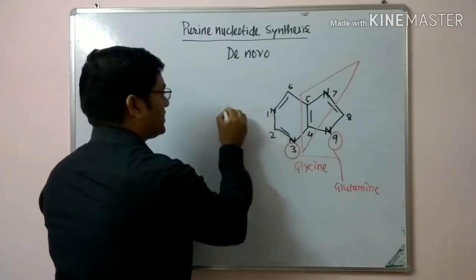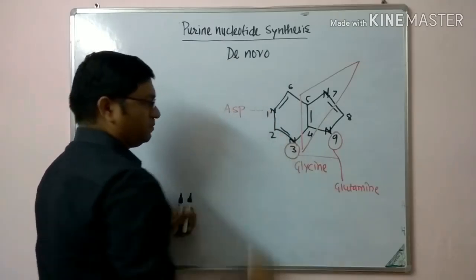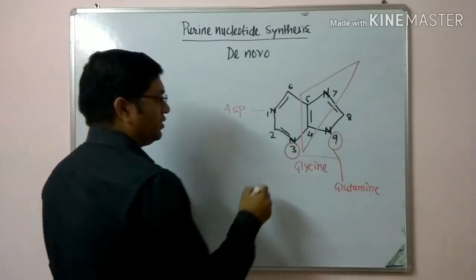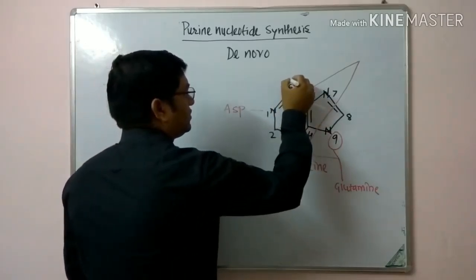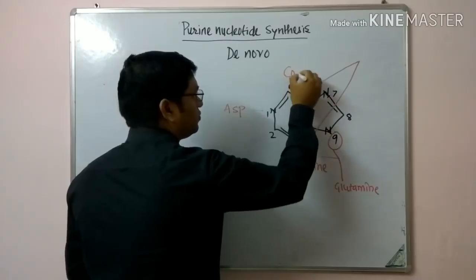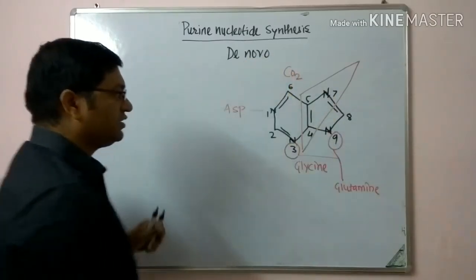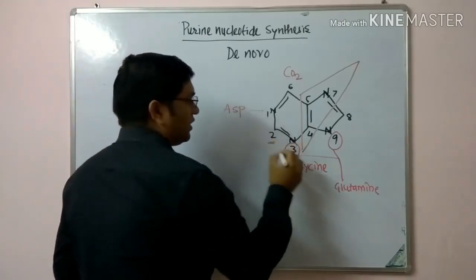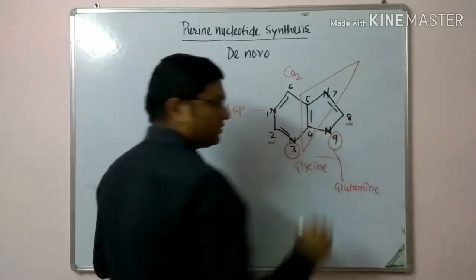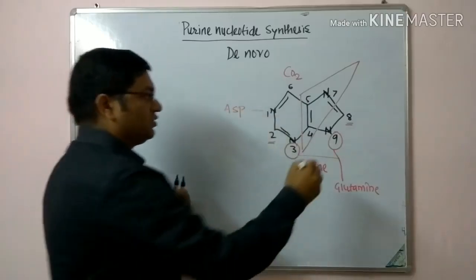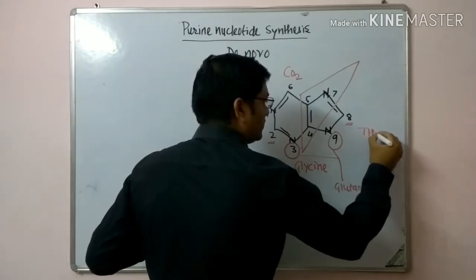This N is from aspartate, then C6 is from CO2, and this C2 and C8 are from tetrahydrofolate.